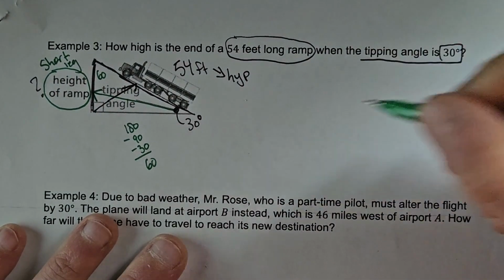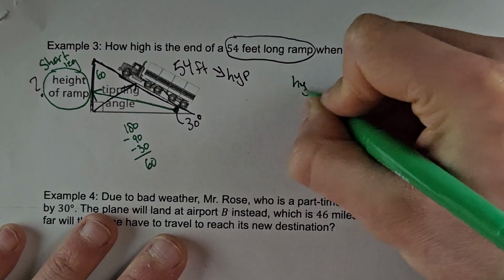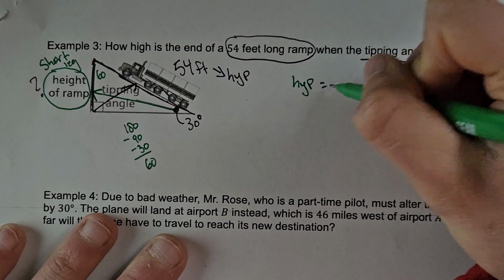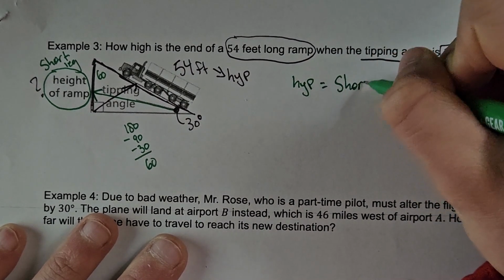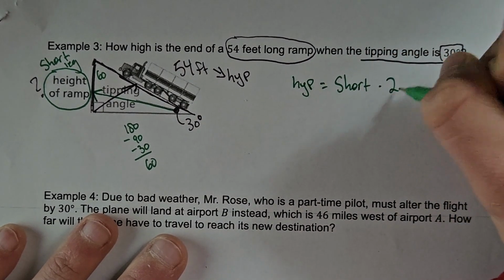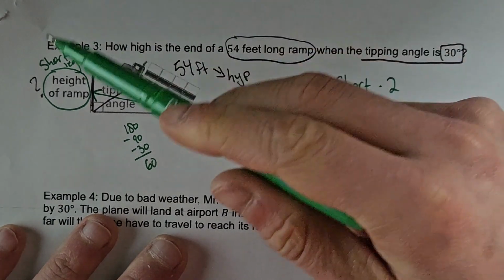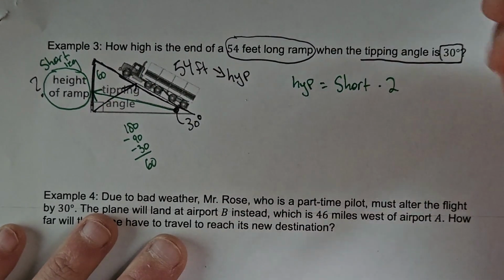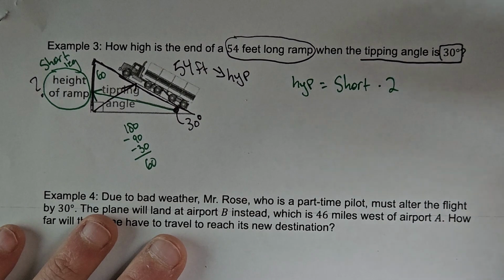So when setting up my equation, I'm going to be using the hypotenuse is equal to the short leg times 2. Since I have the hypotenuse, and since I'm finding the short leg, this is the easiest equation to set up with. Especially since I have no idea what the longer leg is.